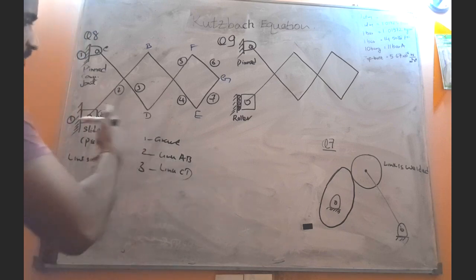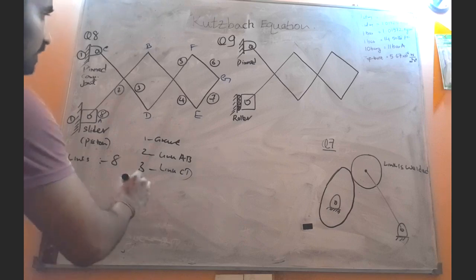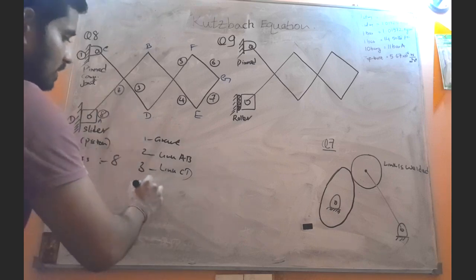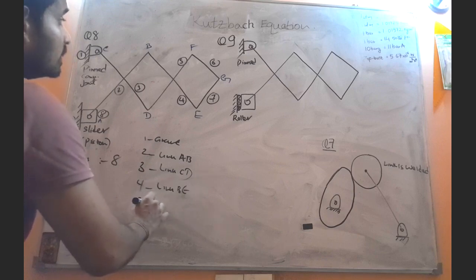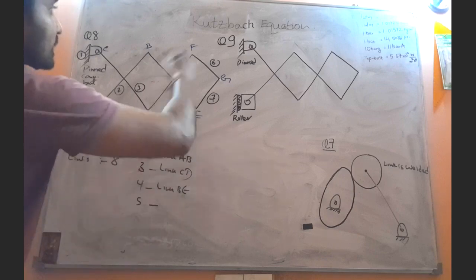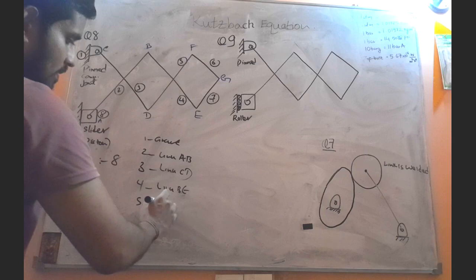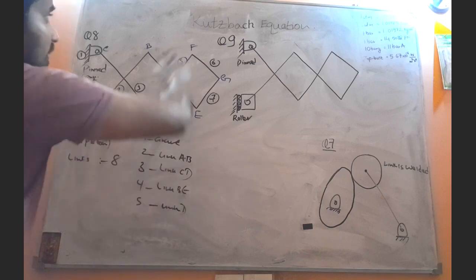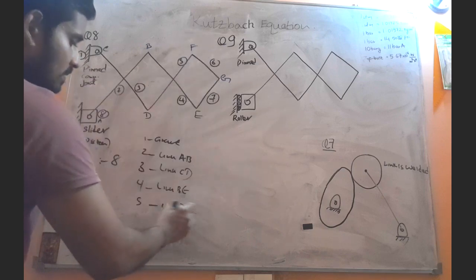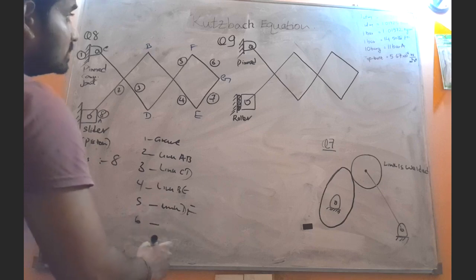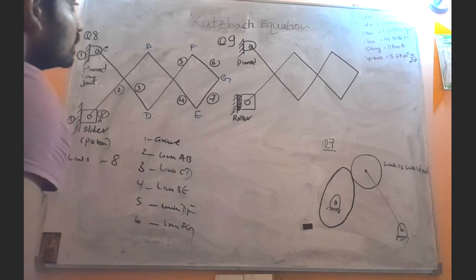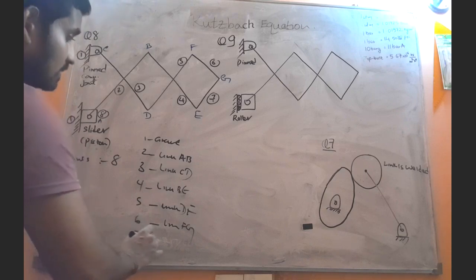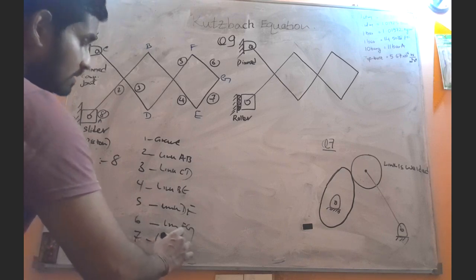I'm writing it for your better understanding. Then the fourth link is the link BE. Fifth link is the link DF, this one. Then the sixth link is the link FG. Then the seventh link is the link EG, this one.